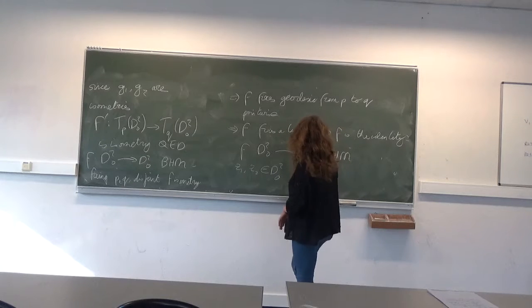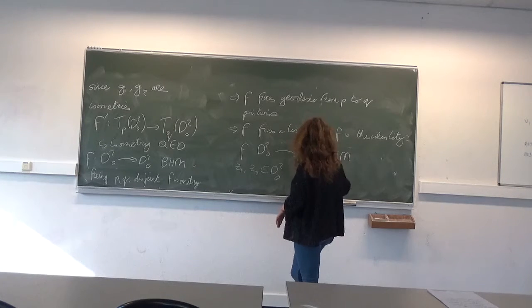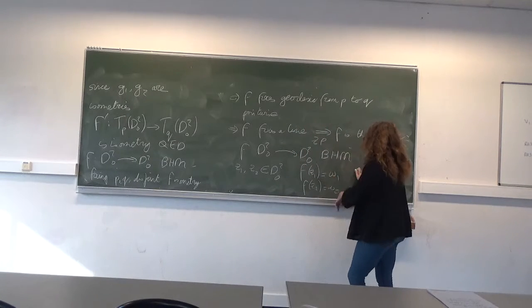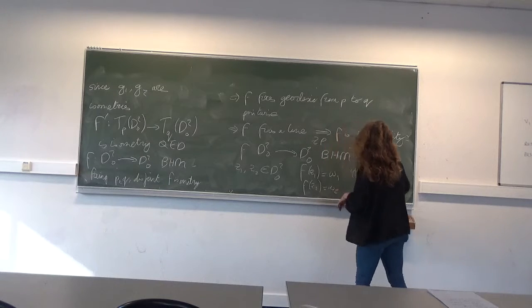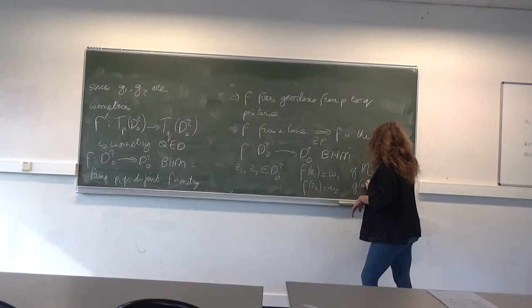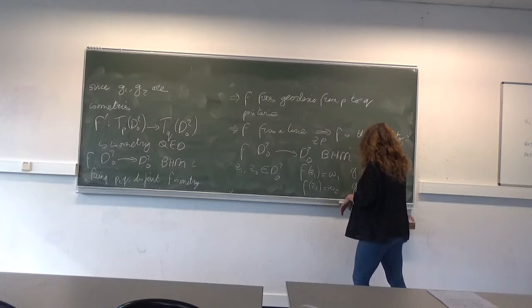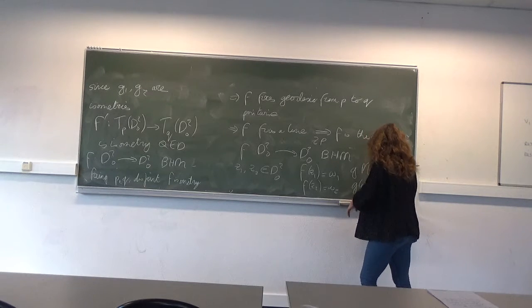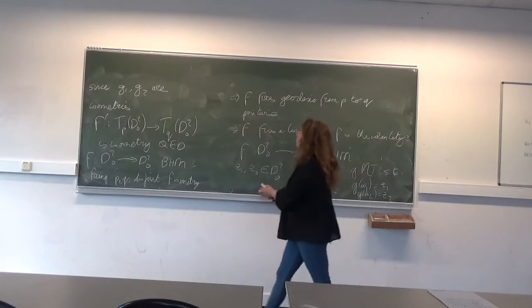I'm going to say that f of Z1 is equal to omega 1 and f of Z2 is equal to omega 2. Now I pick G, a Möbius transform, such that G of W1 is equal to Z1 and G of W2 is equal to Z2.